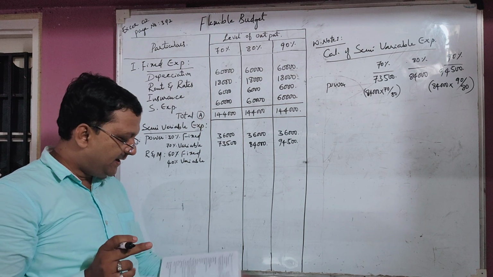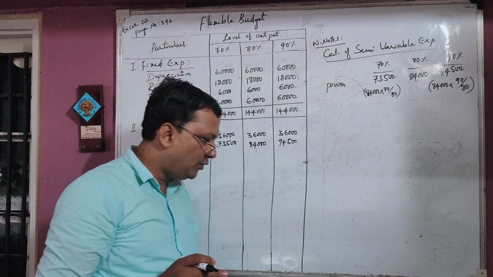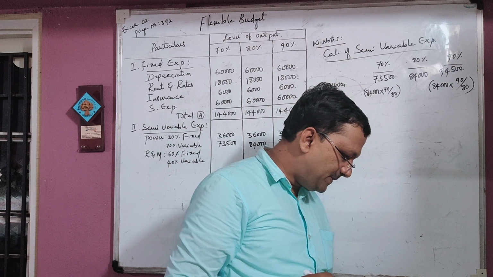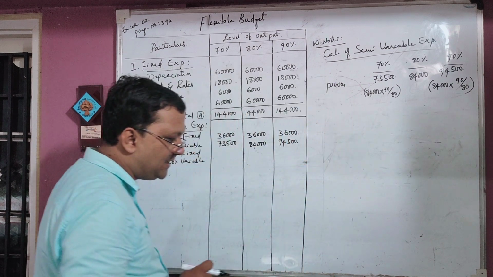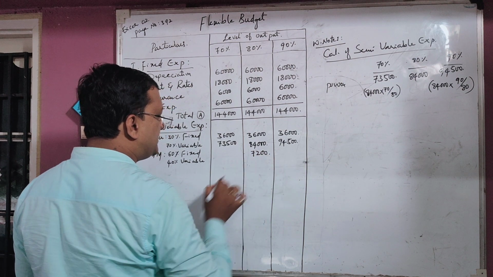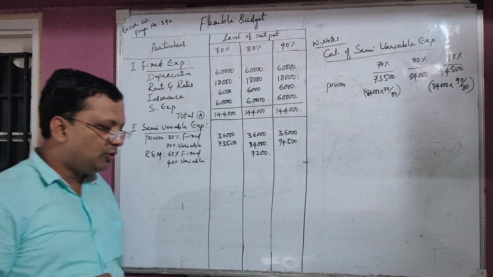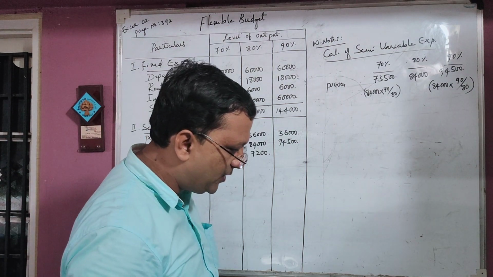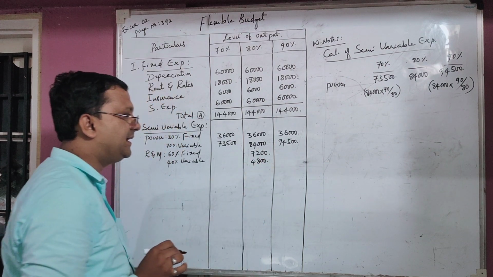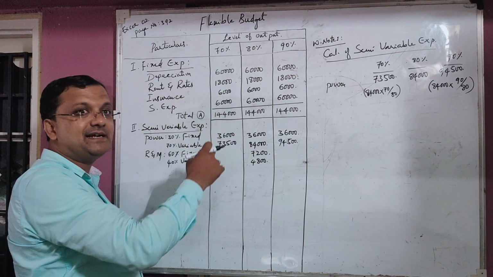Then what is the total expenditure? 12,000 rupees. 12,000 rupees into 60 percentage is 7,200. Then 12,000 into the remaining 40 percentage is 4,800. The total of these two is 12,000 for 80 percentage capacity.